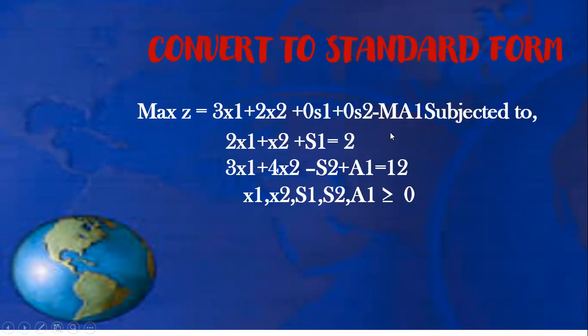Next, the basic variables here will be s1 and a1. You should never consider s2 in the basic variables in the first iteration because it has a negative sign. Whenever you consider the basic variables, they should form a unit matrix. So in the first column, write the basic variables S1 and A1.